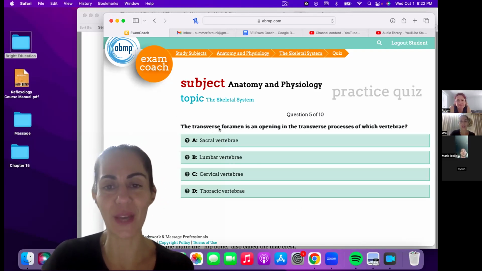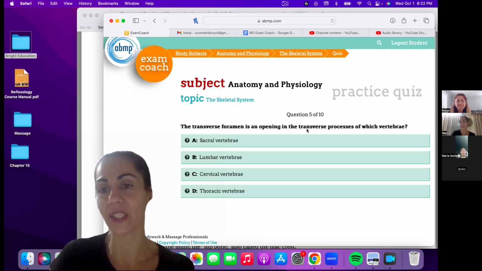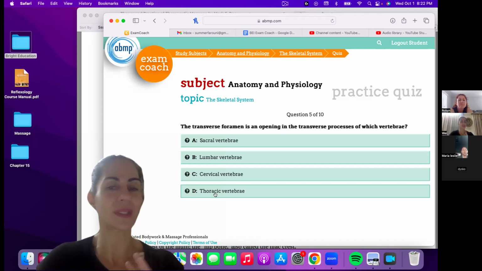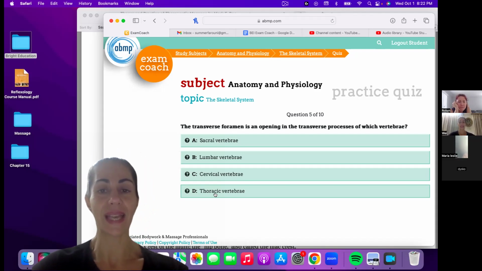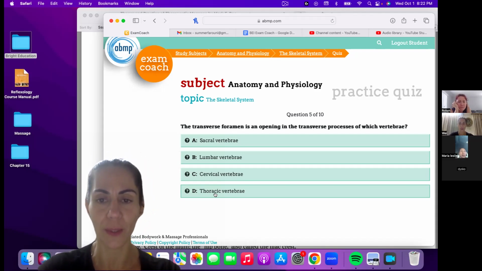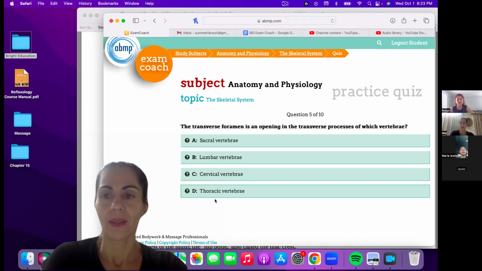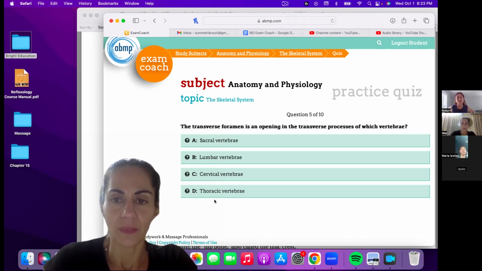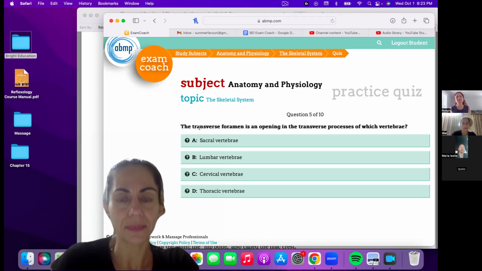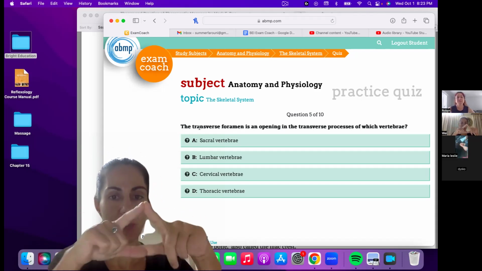The transverse foramen is an opening in the transverse processes of which vertebrae? Sacral, lumbar, cervical, or thoracic. We did not go through that today. It has to do with the anatomy of the vertebrae itself.